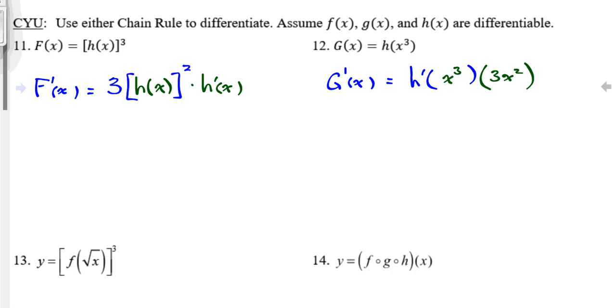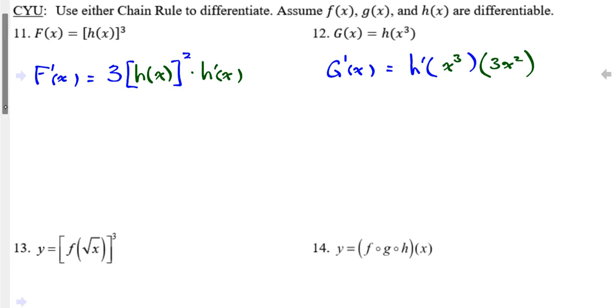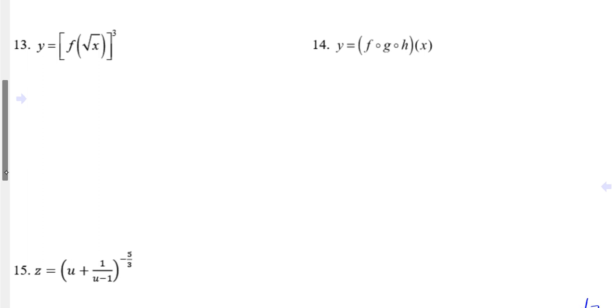Any questions with 11 or 12? No questions. So it's a matter of recognizing what's the outside function, inside function. 13 and 14, we have the composition of three functions. Sharia. Three functions. I'll give you a little bit more time.